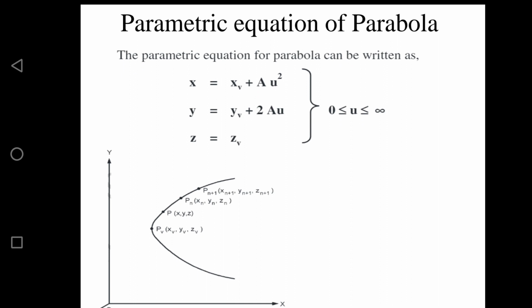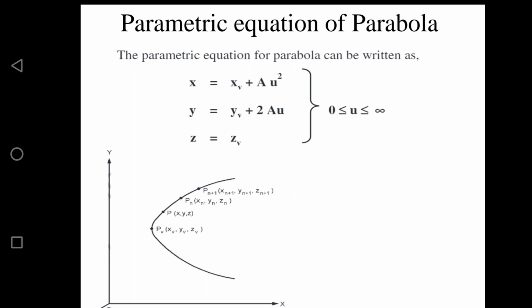And U here is the independent parameter which goes from 0 to infinity. If I derive the parametric equation of a parabola, it is quite lengthy and goes into things which are not in your syllabus.